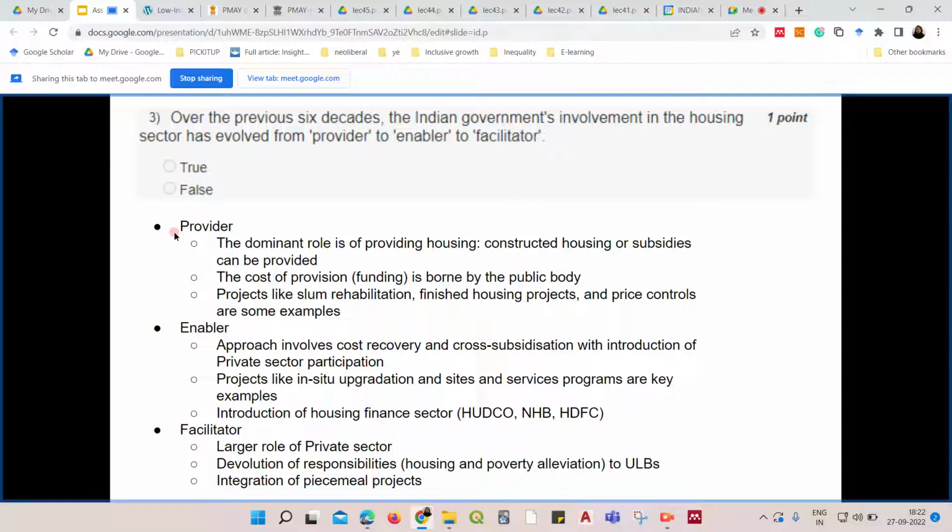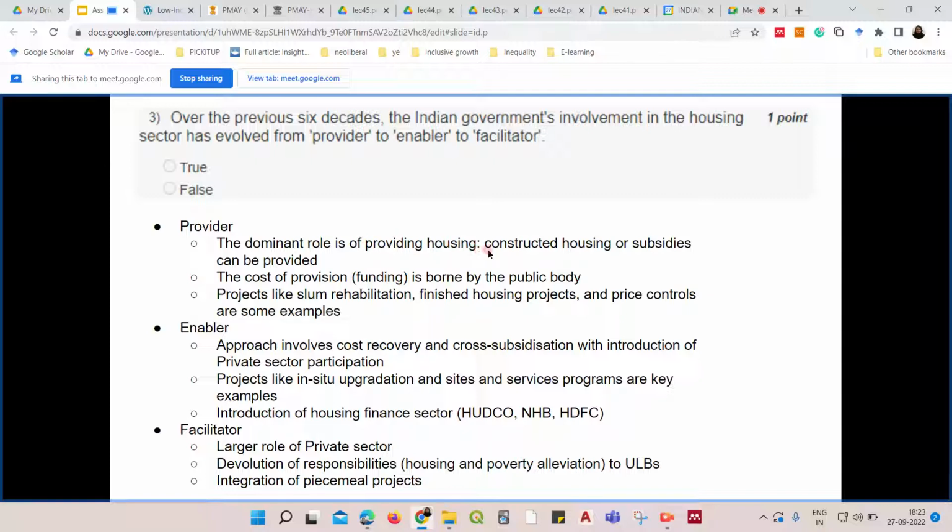Provider, as it's easily perceptible from the term itself, means provision of something. So the dominant role of the government here would be the role of provider. It would provide something, and what it would provide is housing, as we are talking about the housing sector here.